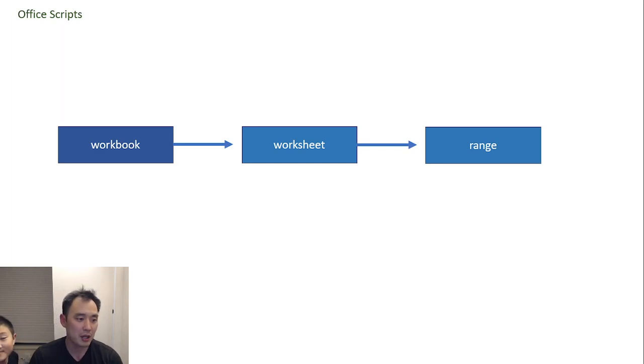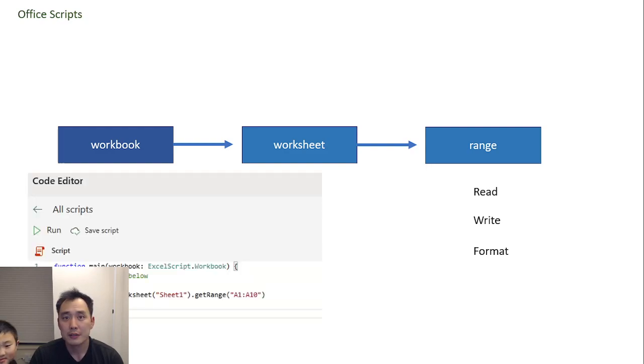And then you get the range object. So this is kind of done in chains, right? Once you have the range object, you could read, write, or format the data however you want, right? So in the gist, this is what Office script does. It's actually quite simple, and I think they designed this pretty intuitively for object-oriented programmers.